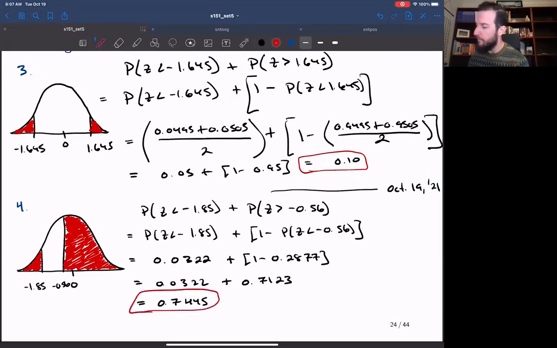Okay, so the probability that a Z score is less than negative 1.85 or greater than negative 0.56 is equal to 0.7445. Right. Any questions?